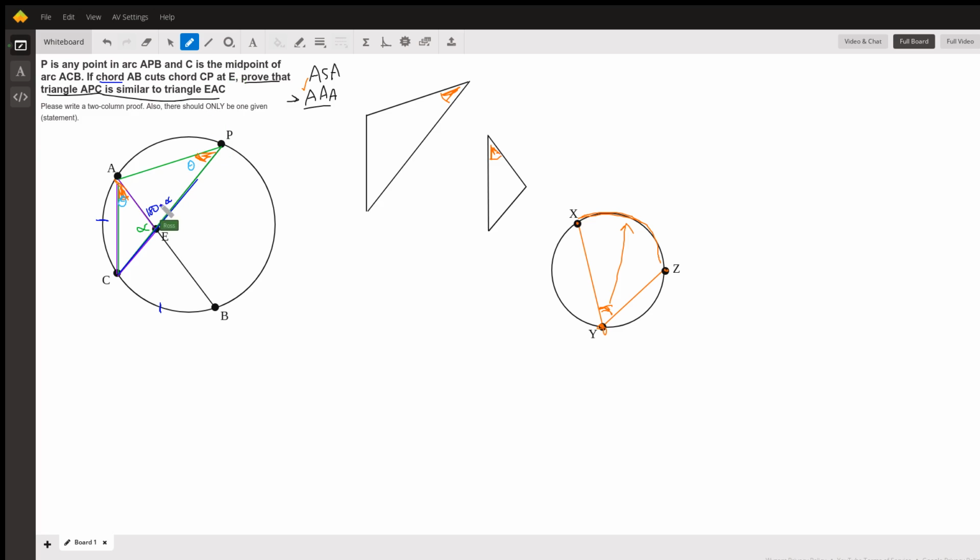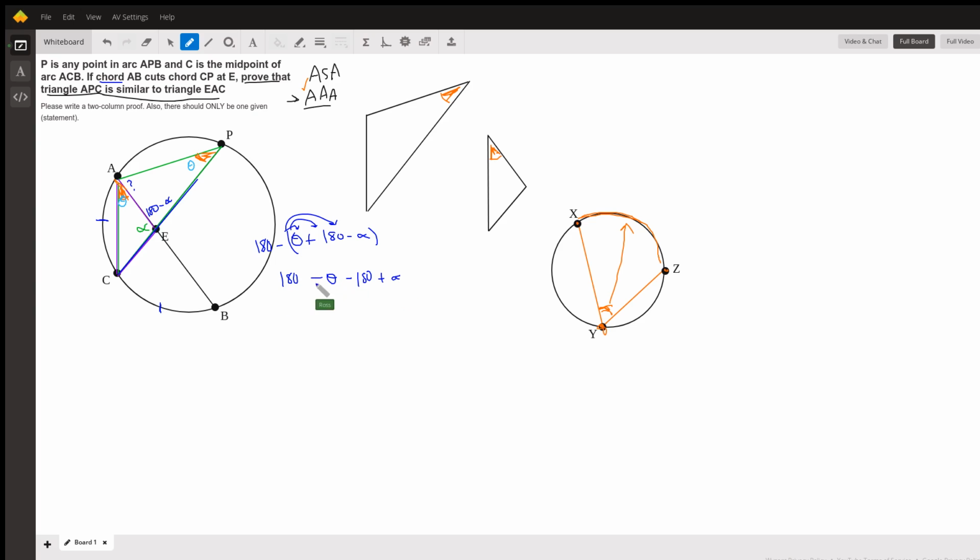If I add these two up, that'd be theta plus 180 minus alpha. I don't know what the two variables are, but if I subtract all of that from 180, I should end up with my last angle, which is this one up in the corner. Okay, so I have 180 minus, if I distribute this negative, 180 minus theta minus 180 plus alpha.